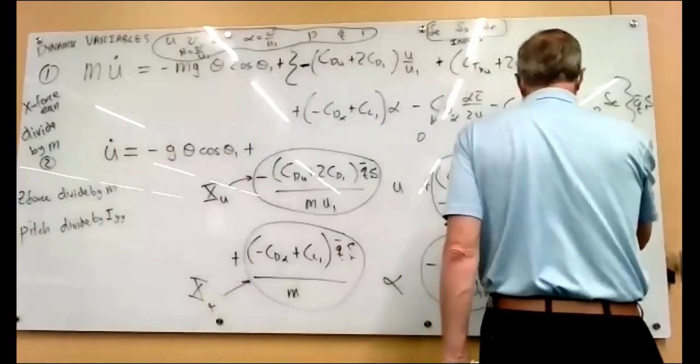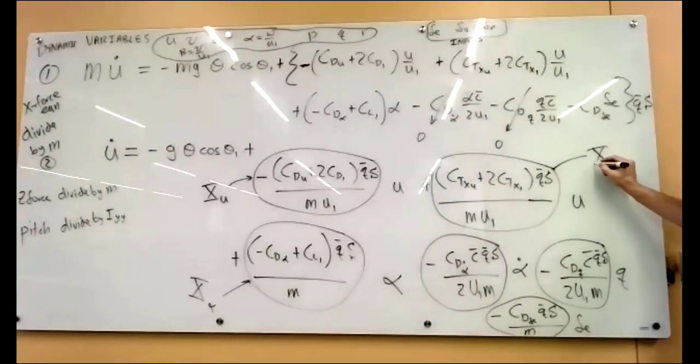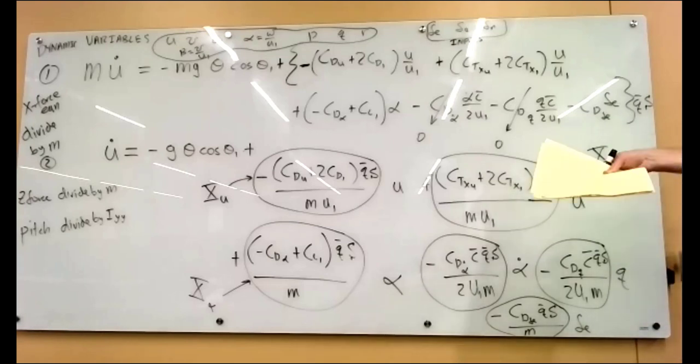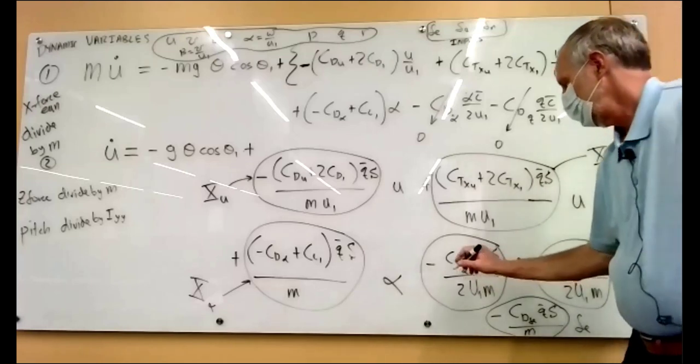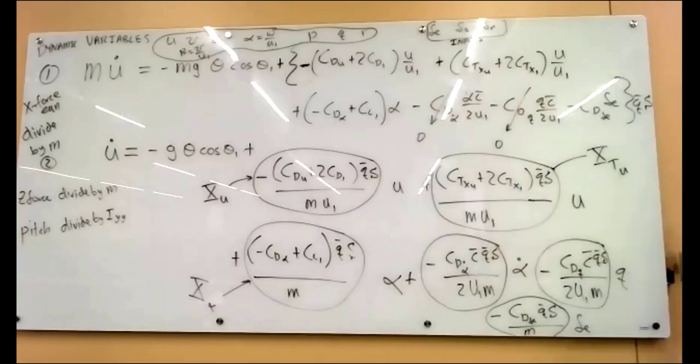This is another U effect, but it's the thrust effect. So we're going to call this X_TU. And so immediately you look at that, you go X_U, oh yeah, that's the thing that multiplies U in the X force equation. So what should we call this? Yeah, we'll call that X alpha dot.